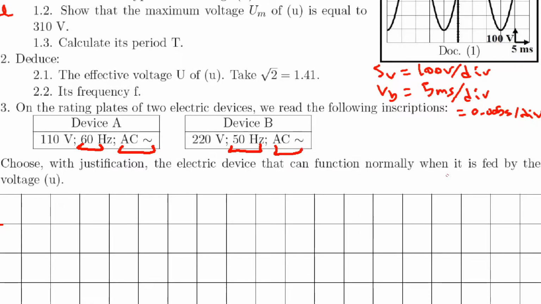So notice that both of them function under an AC sinusoidal voltage source. However, device A functions under a rated voltage or applied voltage 110 volts and 60 Hertz, whereas device B functions under an effective or applied voltage 220 volts and 50 Hertz.